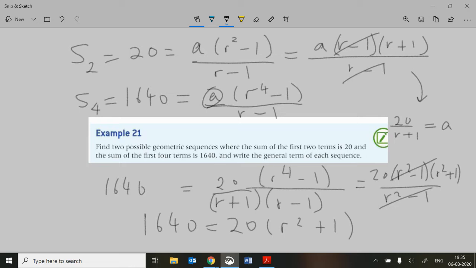So we can multiply the brackets, or divide by 20, take away the 1, and take the square root, and we'll take the plus and minus of the square root. Remember, of course, when you get equations like this, say for example x squared is equal to 9, then that gives us two possible solutions, plus or minus 3, so plus or minus the square root of 9.